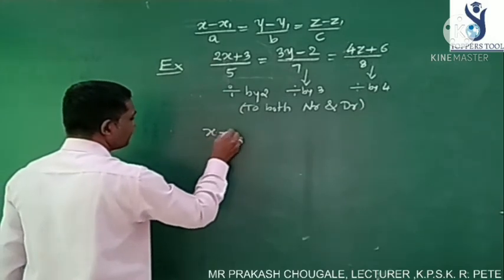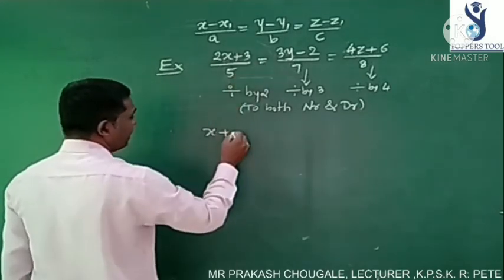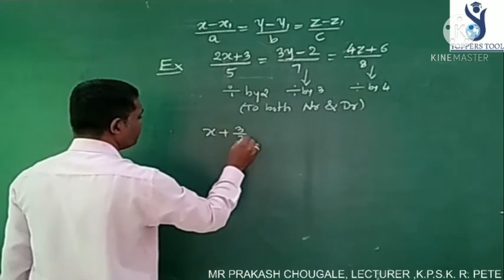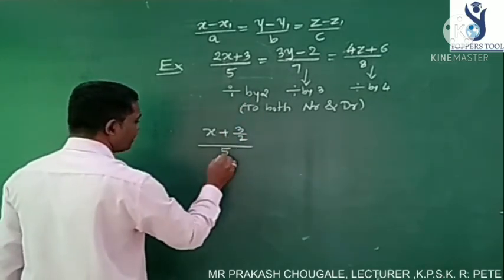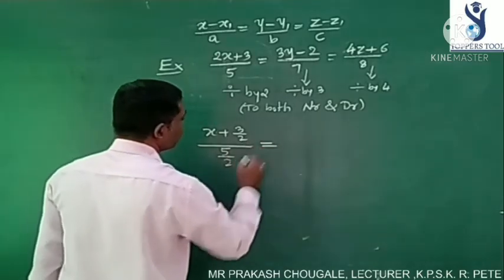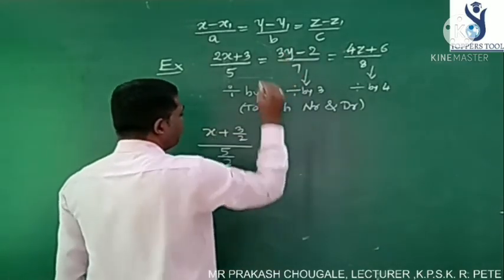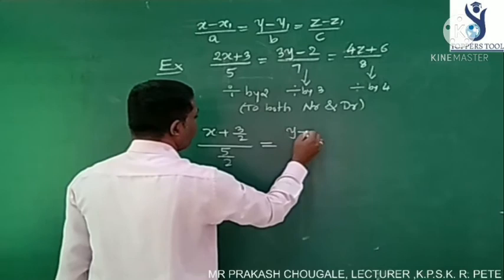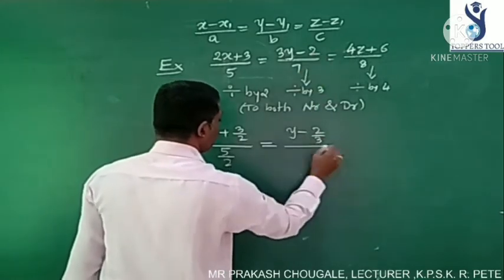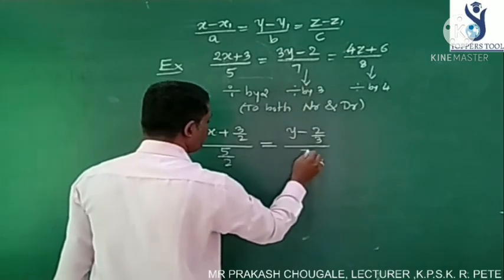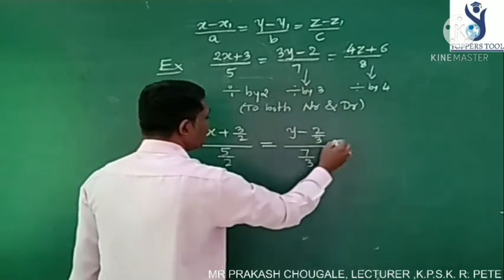If we divide by 2, we get 3/2 for x, and 5/2 in the denominator. Here, if we divide by 3, y gives 2/3, divided by 7/3.